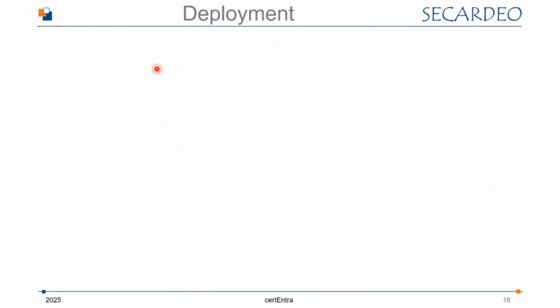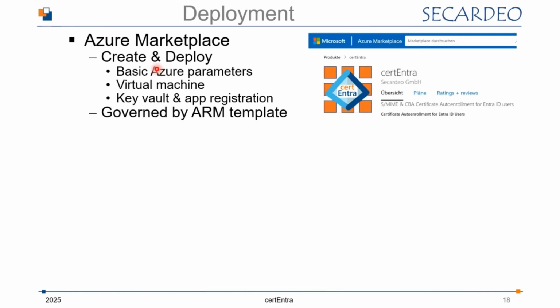This was about the certEntra web GUI, and now also a very important question is how you can deploy this software. The software will run on a Windows server, on a Windows virtual machine typically, and there are two basic ways to deploy the software. One alternative is to select it from the Azure Marketplace.